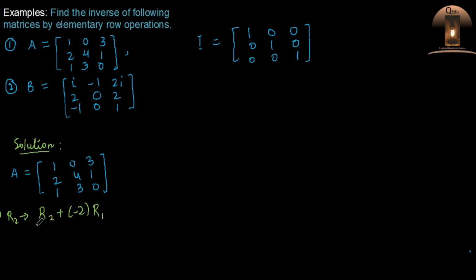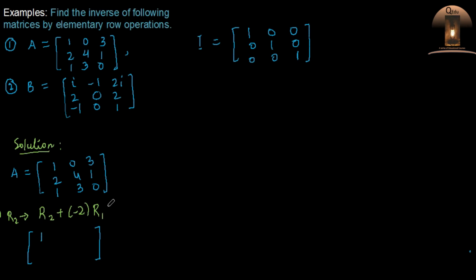Among them, the first operation is that we change R2, row 2, into the row obtained from R2 plus minus 2 times R1. This means 2 multiplied by minus 2 into 1 will give 0 here. This is the first operation on the second row.